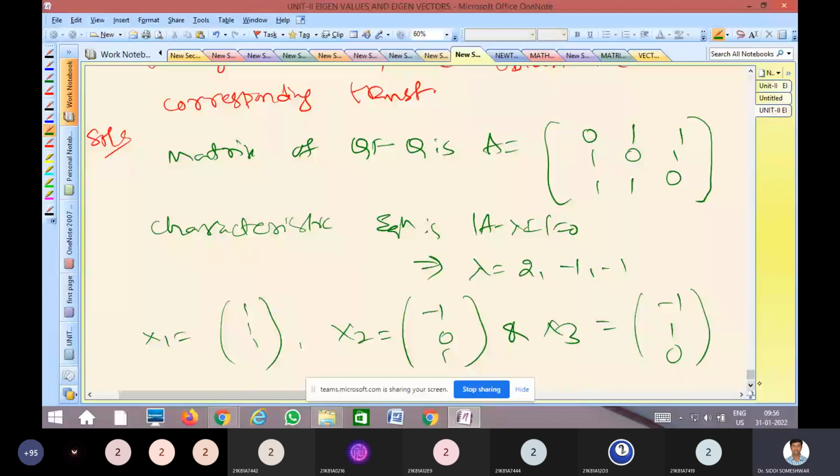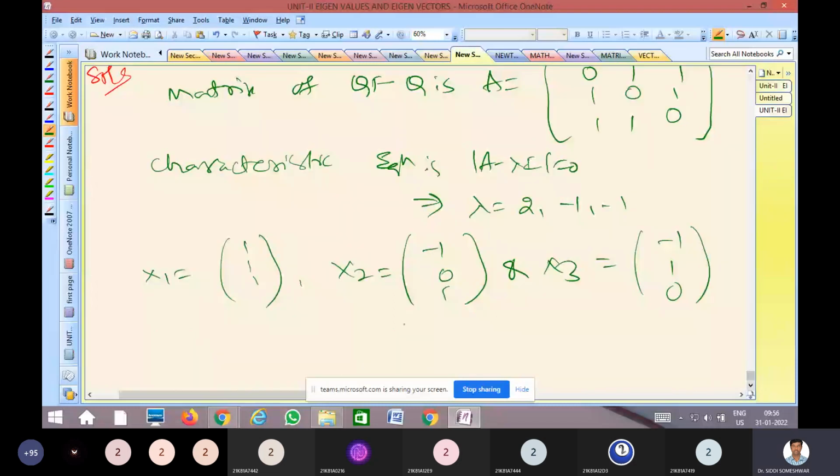So here h2 and h3 are not mutually orthogonal. If you observe h2 transpose into h3, minus 1 0 1 into minus 1 1 0, what will we get? 1 plus 0 plus 0, which is equal to 1, which is not equal to 0. So these two are not pairwise orthogonal.